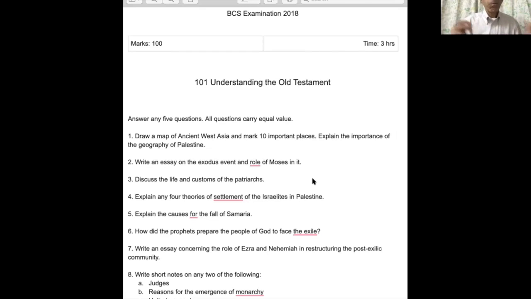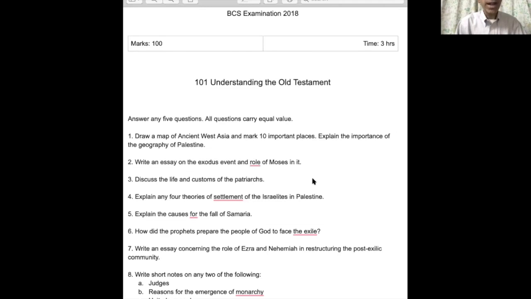What happened during the exile and the whole event behind that, and the plagues, and you can explain all of that. And what role did Moses play in that? God was the deliverer, but Moses was also the deliverer. Before the eyes of the people, Moses was the deliverer. And God spoke through Moses, and the people heard through Moses.